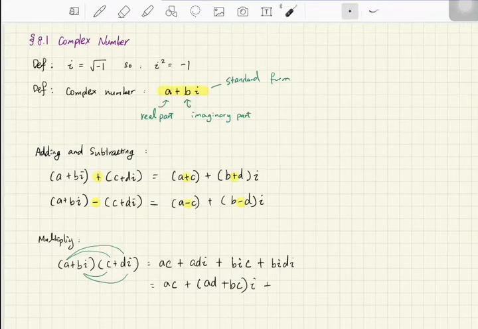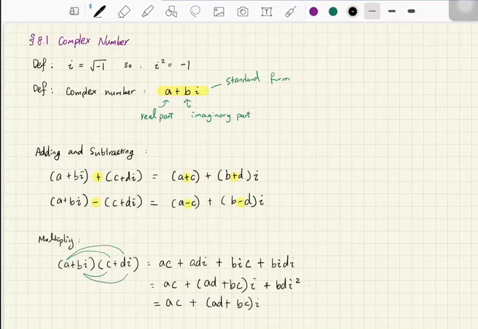However, for the last part, I have i times i, which is i squared, and i squared is negative 1. So the last term will become minus bd. Then I can also put the ac and bd together.